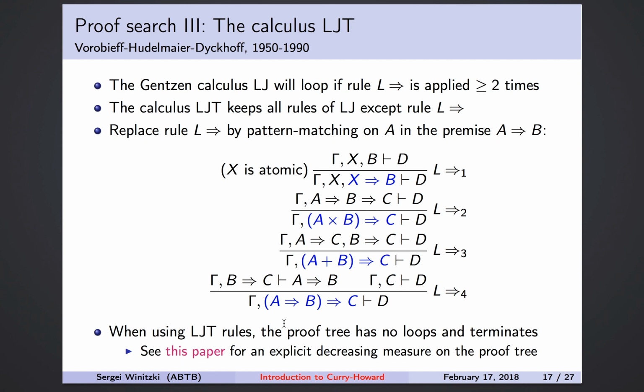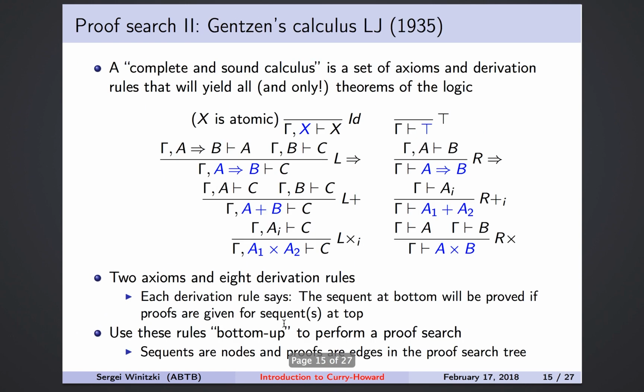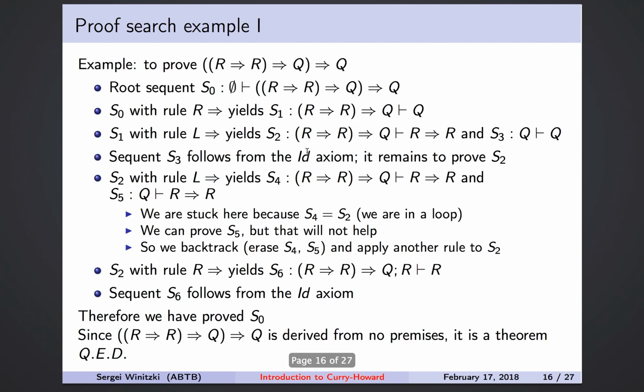Just looking at the rule left implication shows us that it copies the premise A implication B into the premises of the new sequent, and so it will assuredly generate a loop after the second time you apply it. However, this sequent might be new, so we might need to apply it a second time. We don't know that, so that is a problem.